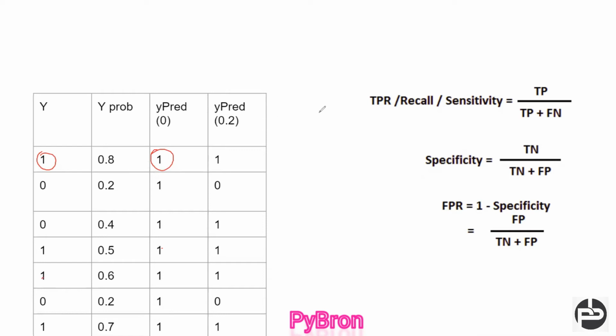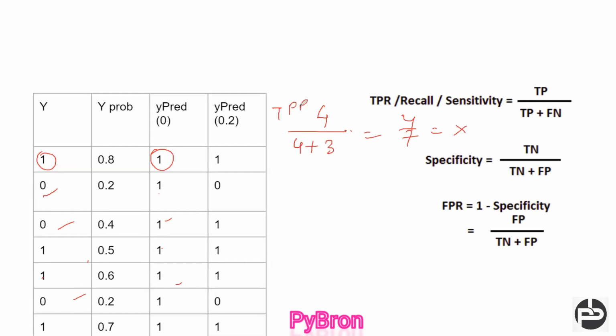So truly identified 4, divided by true positive, again 4, plus false negative. False negative means it was 1 but identified as a 0. So that is the case for 2 and 3. So 4 divided by 7.